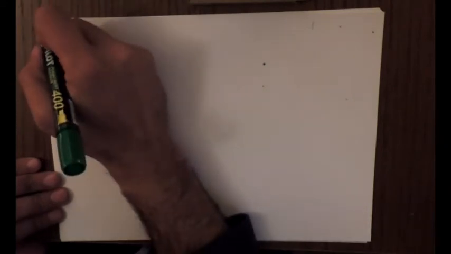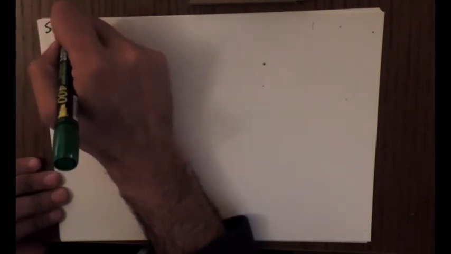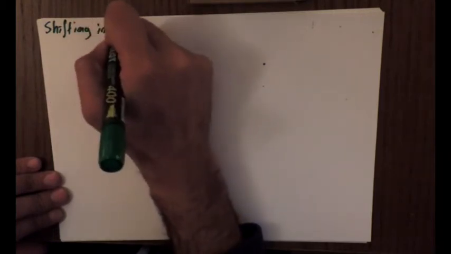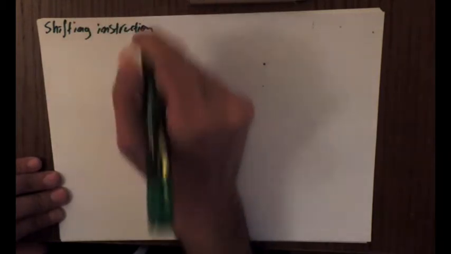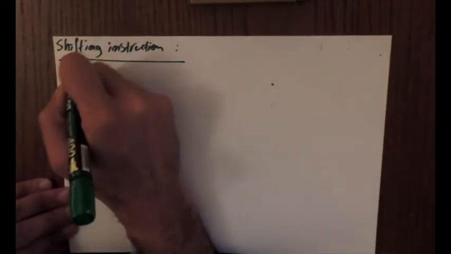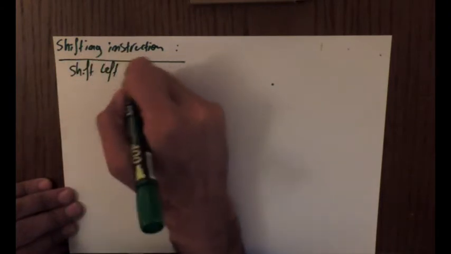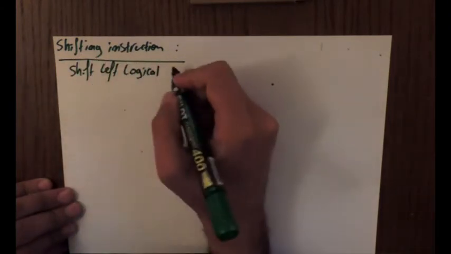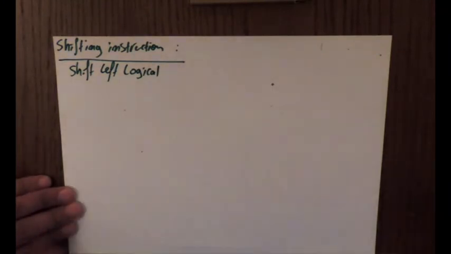The second instruction that will help us in loops is shift left logical, or shifting instructions. So now I would like to discuss another instruction, which is the shift instruction.